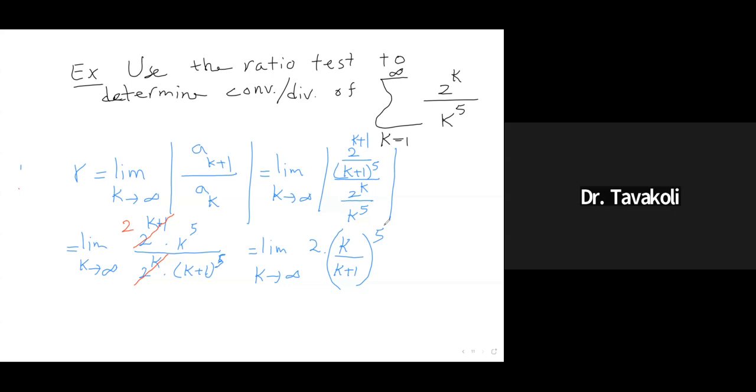But k over k plus 1, when k tends to infinity, is 1. Why? Because, as you have seen even in Calc 1, we keep the term with the highest power from the top, which is k, and the term with the highest power at the bottom, which is also k. So k over k is 1, and so this limit as k tends to infinity tends to 1.